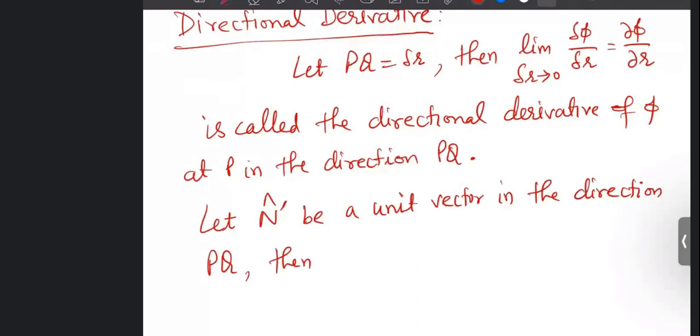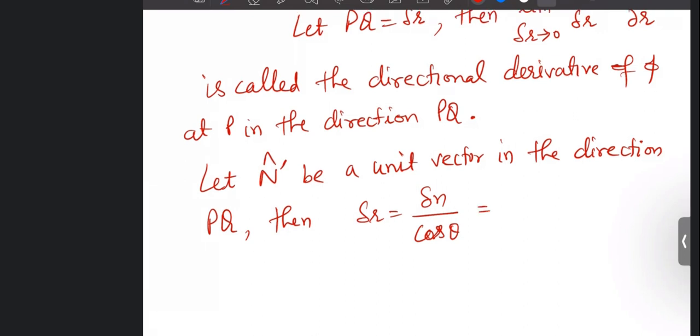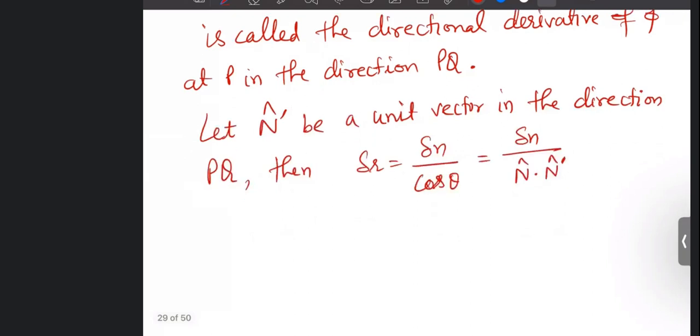Then what will be the δr? δr will become δn divided by cos θ, because cos θ is base upon hypotenuse. Using that, we consider δr equal to δn upon cos θ, and cos θ is just the angle between the two normals, one is n̂, another is n̂'. Cos θ is simply the dot product of these two.